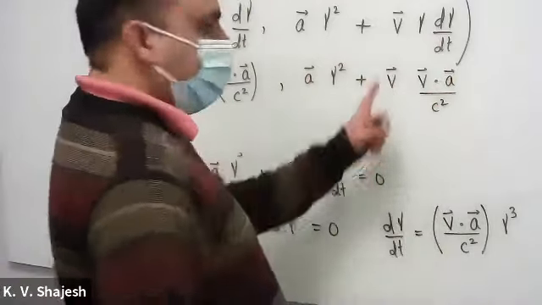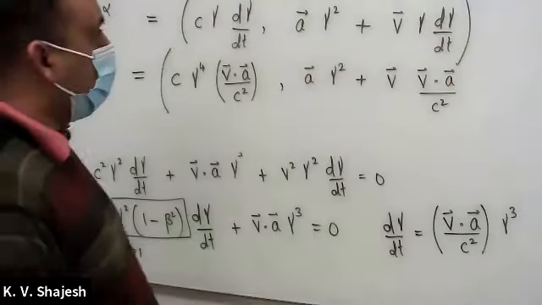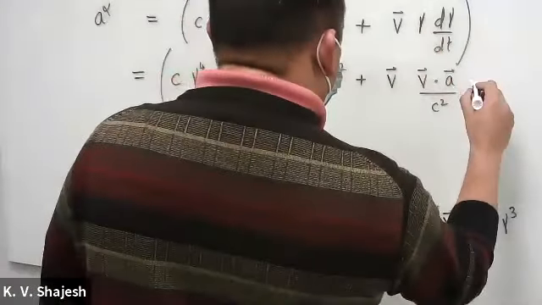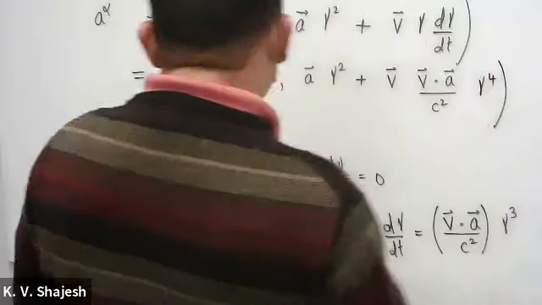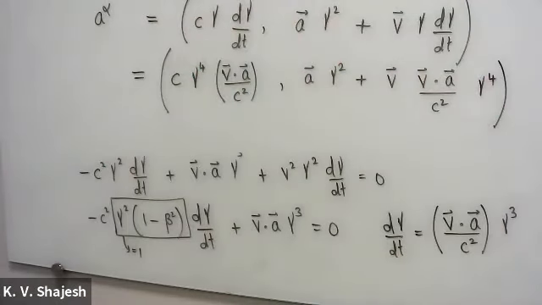Notice this is a vector, it's in the direction of velocity. And there's a gamma cube, which is gamma, which makes it gamma 4. That's your acceleration in the explicit form.